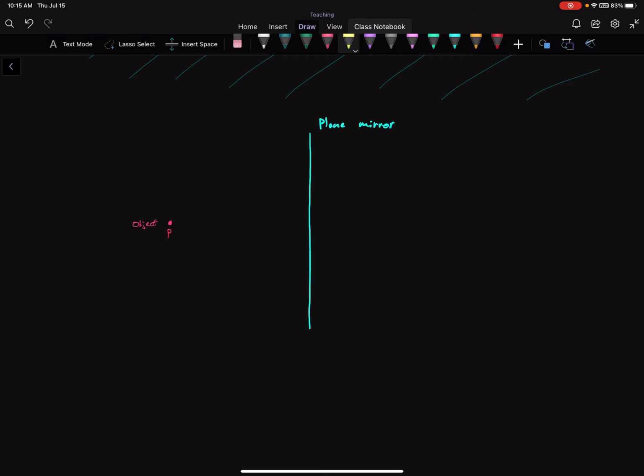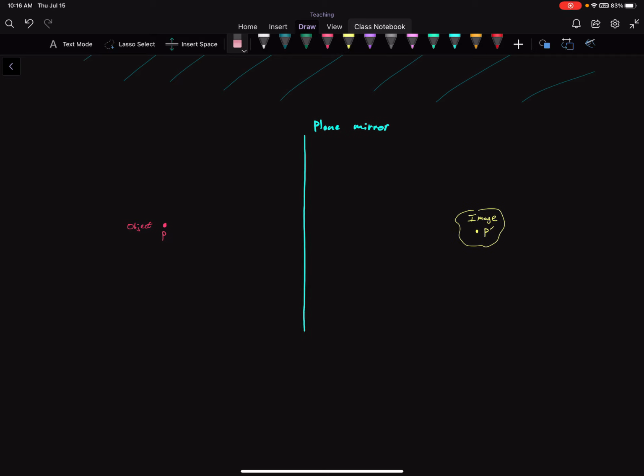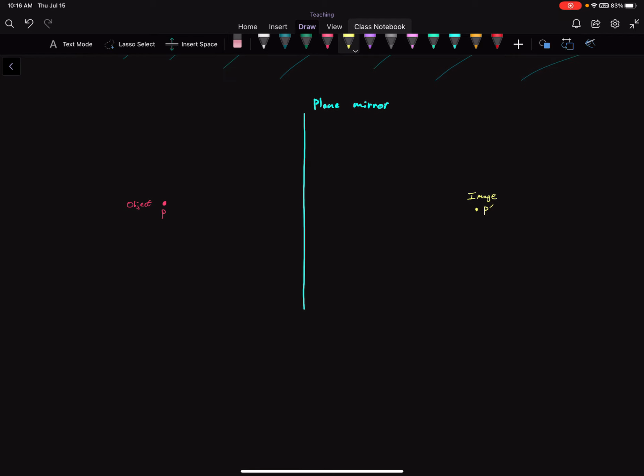And then over here, somewhere in this region, I'll tell you, there's going to be an image that's formed. And it's going to be a point image, because it's an image of a point object. And we're going to call that P prime. So the notation I'll use is that in addition to the color difference, the image will be prime and the object will not be prime.